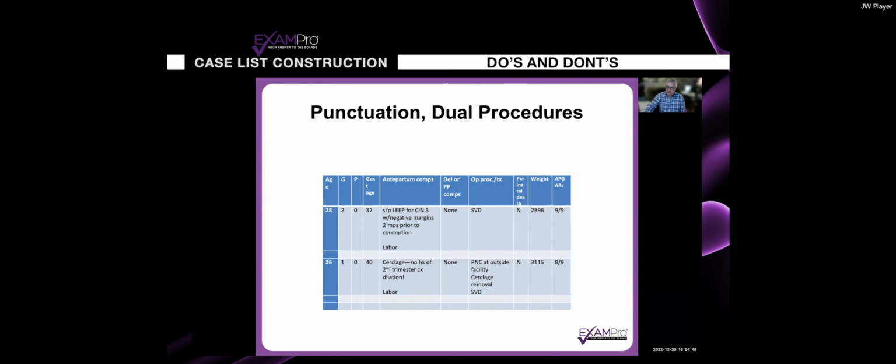So, again, the prenatal care at the outside facility really helps you in this case. And this is appropriate use of the punctuation because it is an unexpected thing that she should have had a cerclage in the first place.